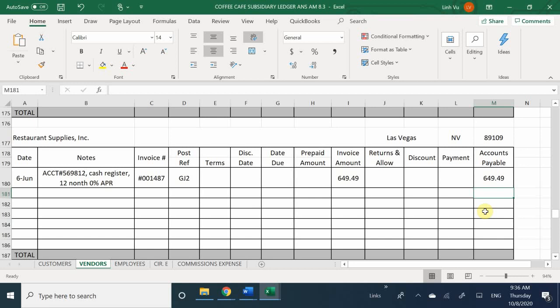Okay? Because again, the 12 months APR could actually change because this is a whole year they're giving us to pay. But the idea is you're not paying it in 12 months. You're paying it every month until it's done. All right?